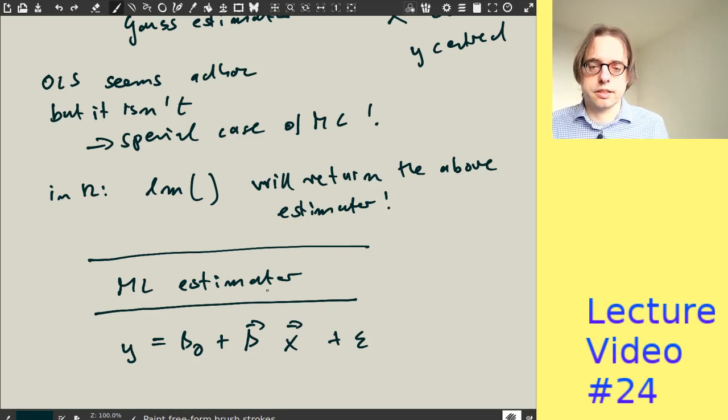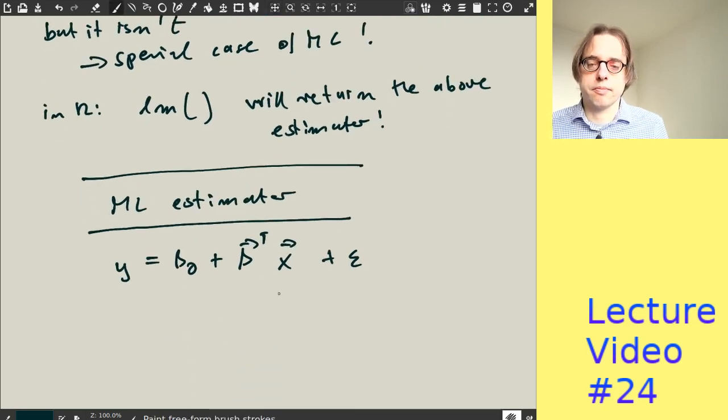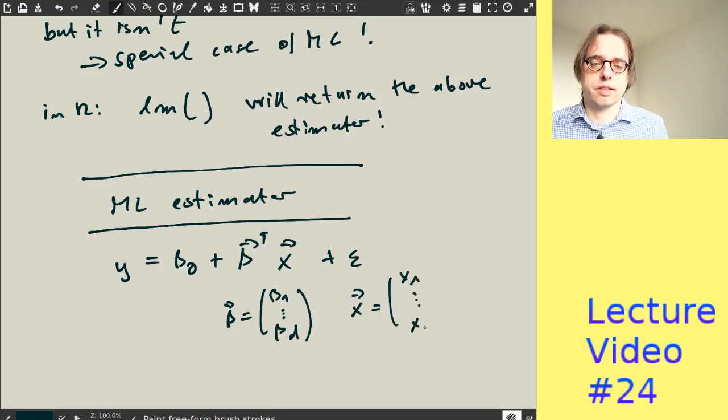These are all scalars; the only things that are vectors are beta, which is beta 1 to beta d, and x, which is x1 to xd. And we have the expectation of epsilon is 0.